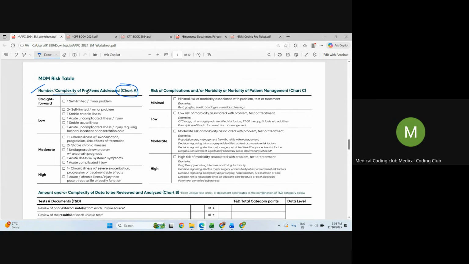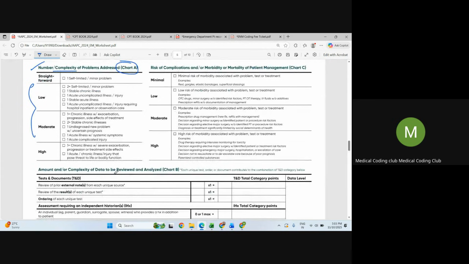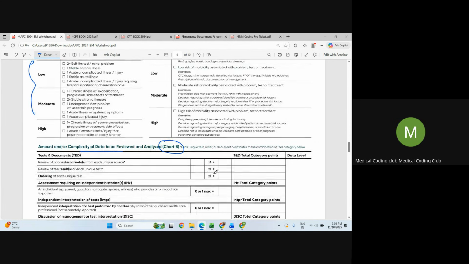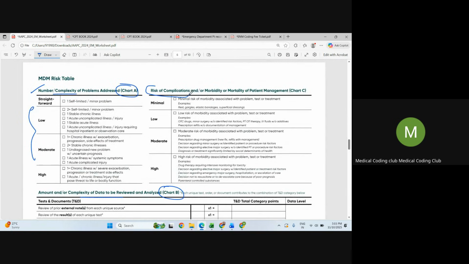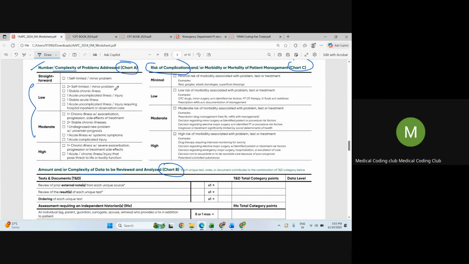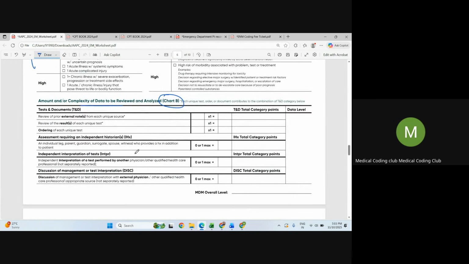You need to find your level from this chart. Next, you need to check the amount and complexity of data reviewed, which is chart B. You need to identify how many data points you got. Lastly, the risk of complications, chart C. Here also you need to find out your level. Taking all together, you need to pick the two meeting level.